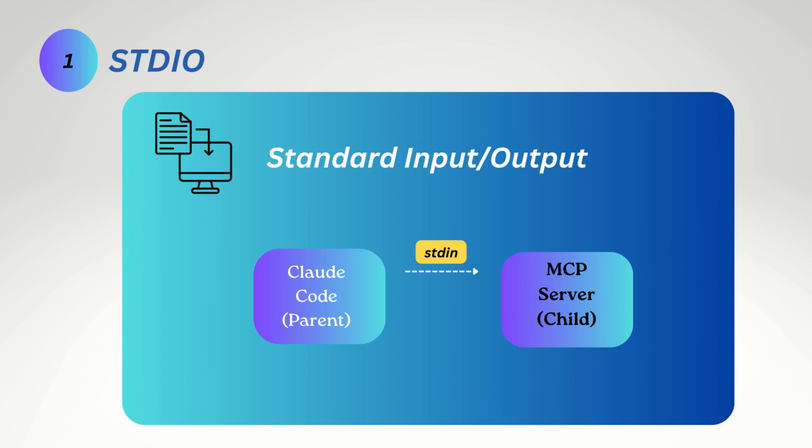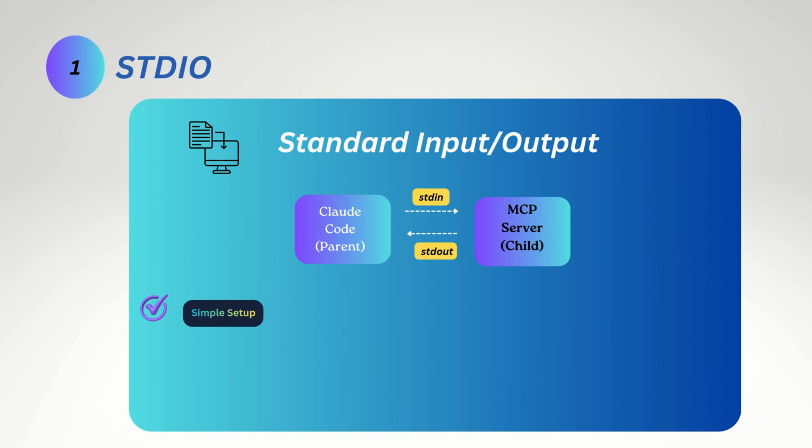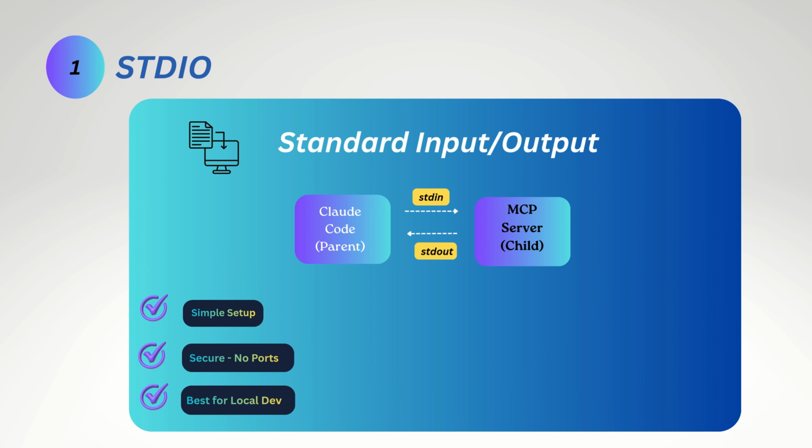Communication happens through the standard input and output streams. It's like two programs talking through a pipe. Simple setup, just point to the server script. And secure, no network port open, everything stays local. This is best for local development and single user scenarios. However, the limitation is that the server must run on the same machine as the host and can't be shared across the network. We'll see this in detail during our next hands-on video.